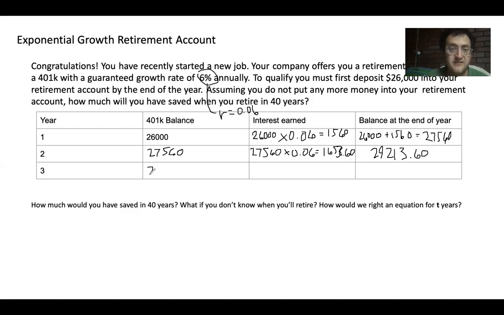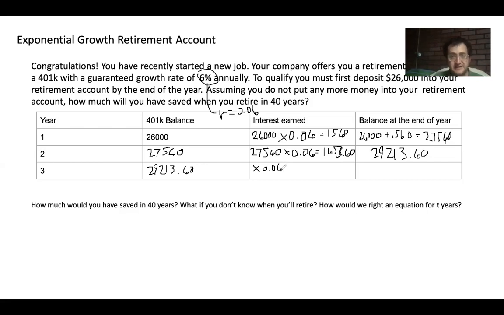And then we put that in for the third year. So I have 29,213.60, and I'm going to multiply that by 0.06. We're going to get even more interest.